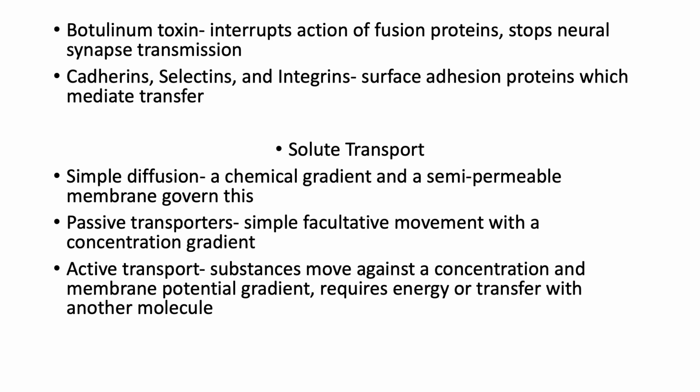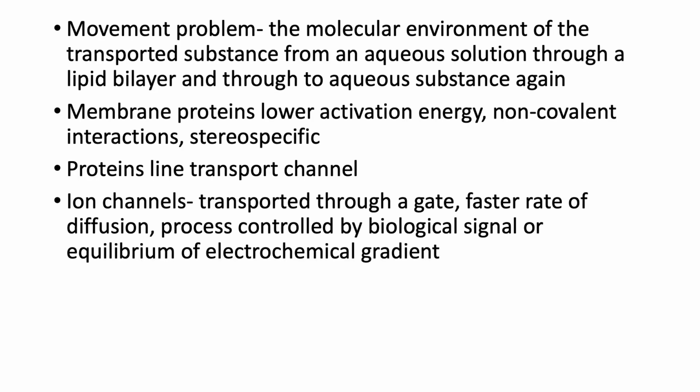And then active transport, where substances move against a concentration and membrane potential gradient. Because this is a thermodynamically unfavorable reaction, you require energy or transfer with another molecule in order to effect that type of transport.